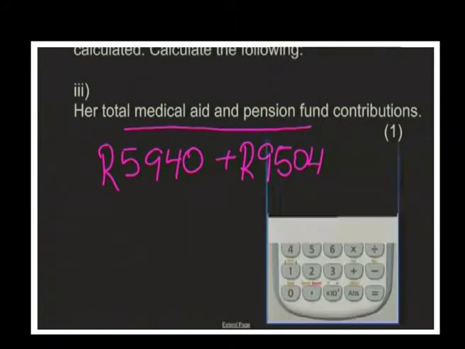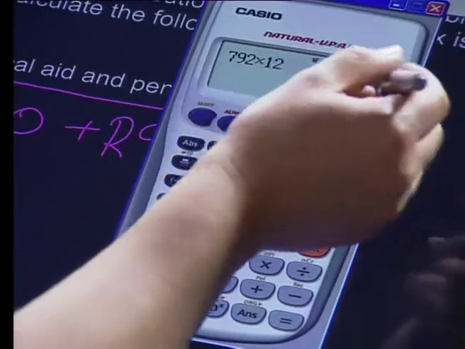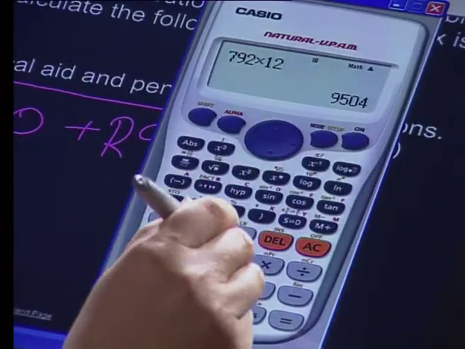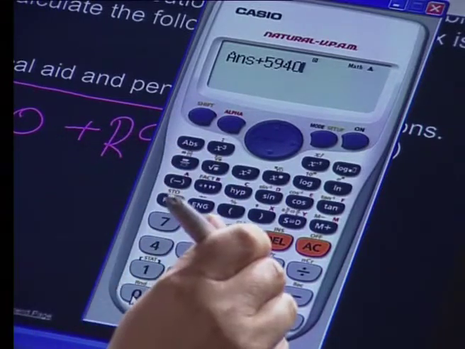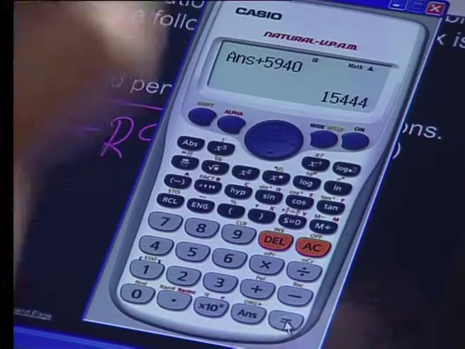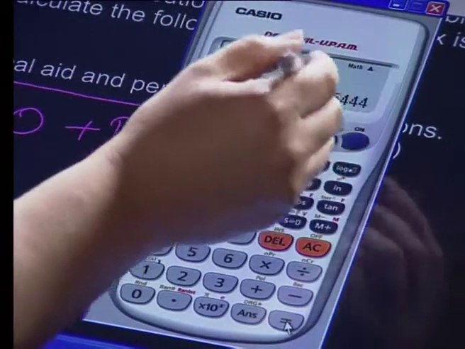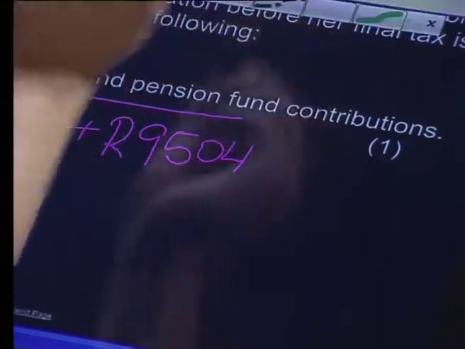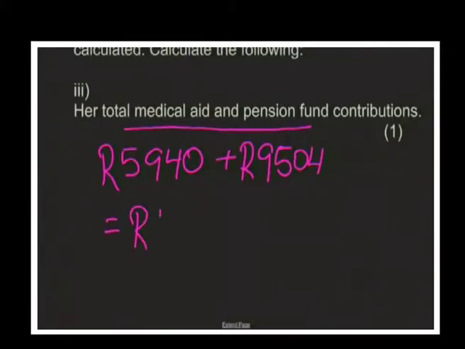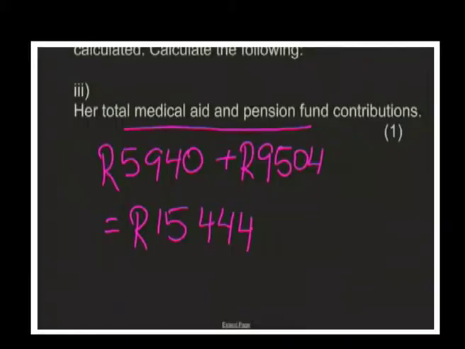Going back to the calculator, we're going to add our pension fund contribution to our medical aid, 5,940, and in total she can deduct 15,444. So the total for that is 15,444. Double check, have we actually answered the question? Her total medical aid and pension fund contributions, and again, 1 mark.